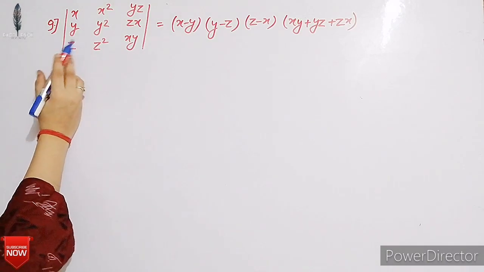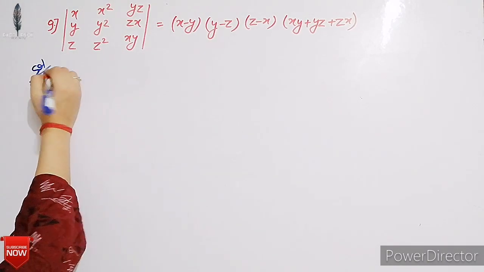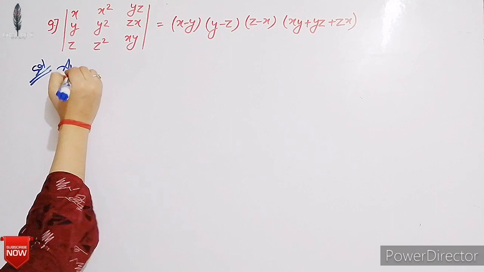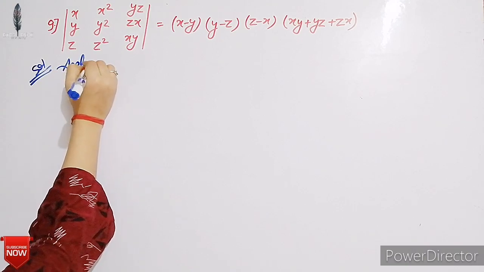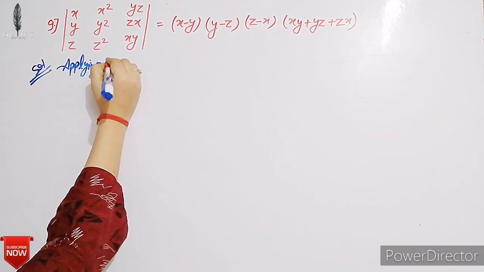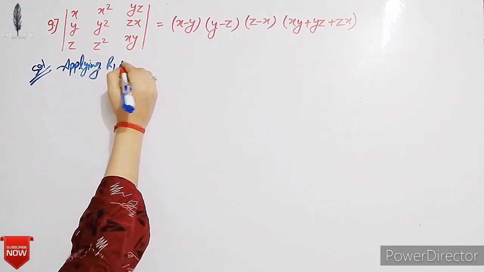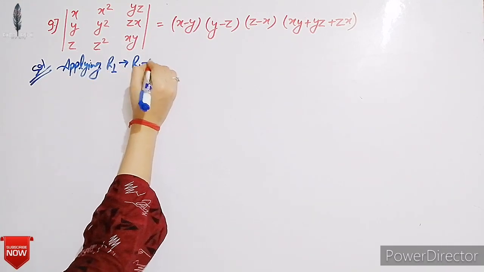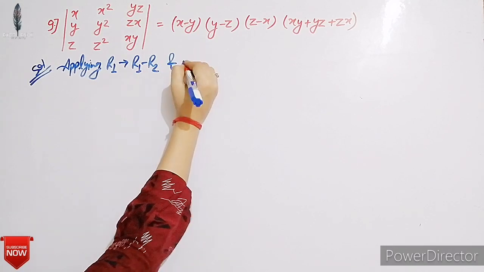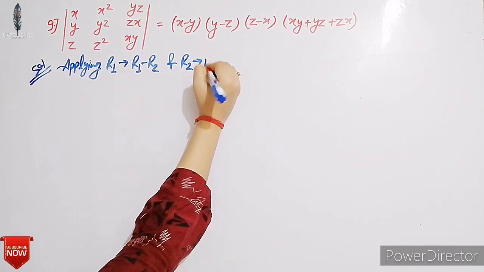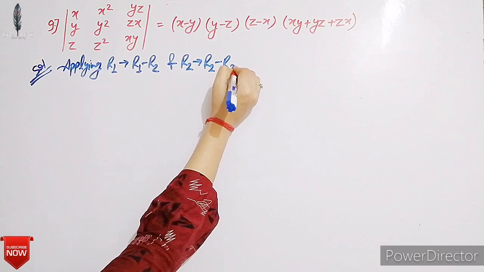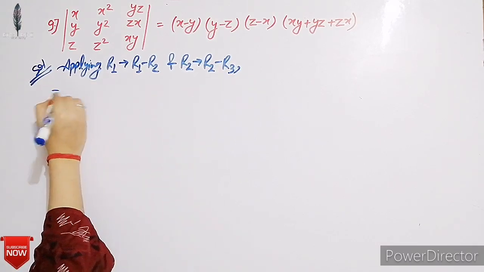Question number 9. Here applying the change, R1 is such that easily we get x minus y, y minus z by subtracting. So R1 is such that R1 minus R2 and R2 is such that R2 minus R3 in LHS part.